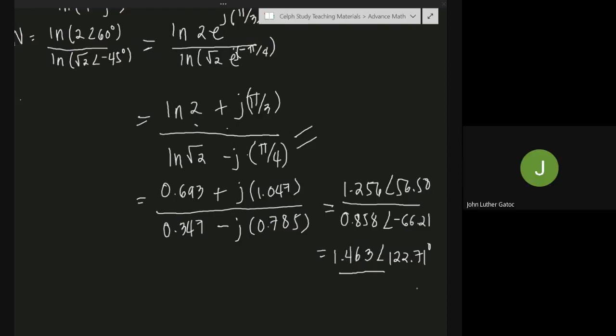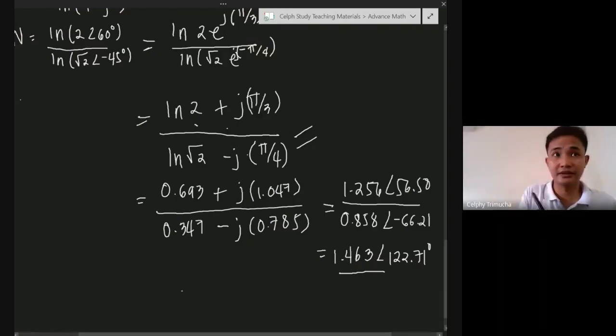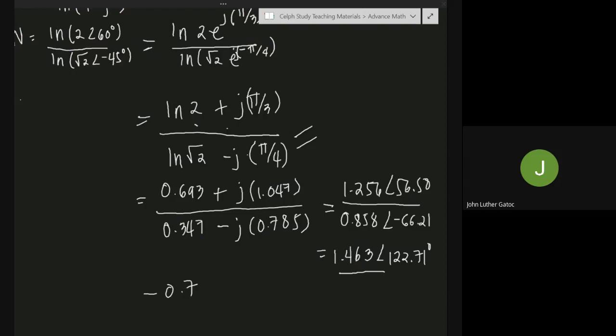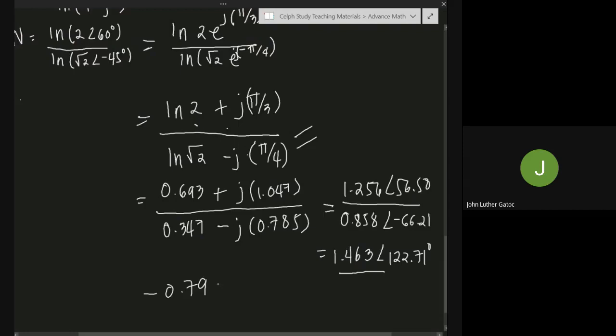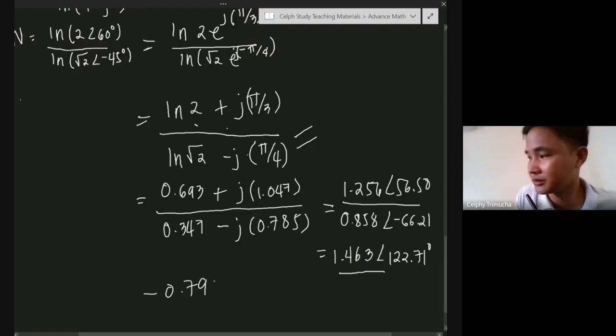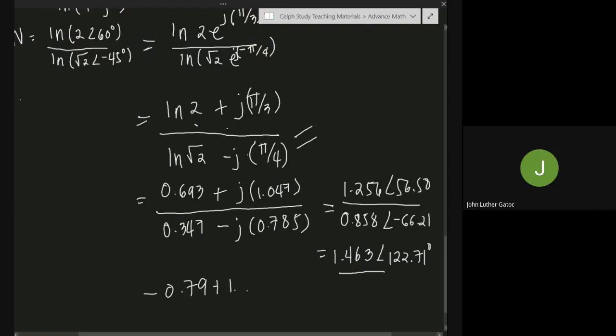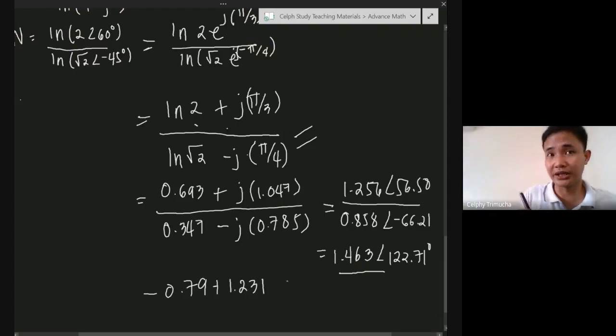Negative 0.79. Tapos, ang imaginary part, 1.231. So, amo ni aton nga J.